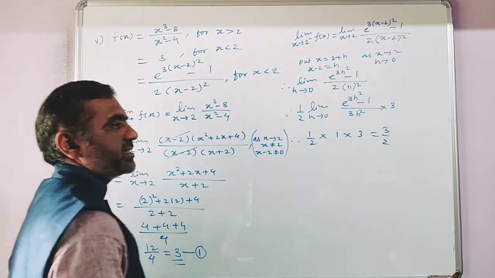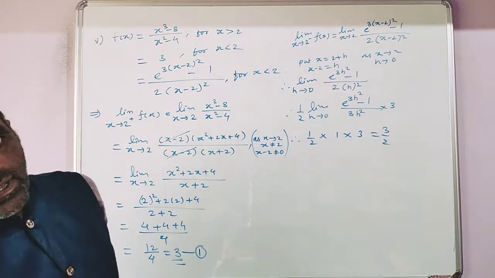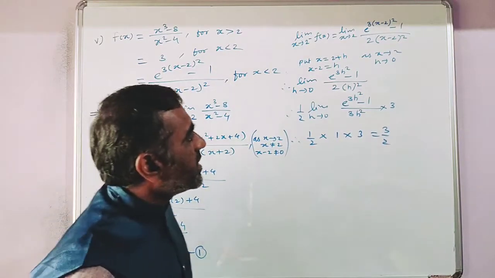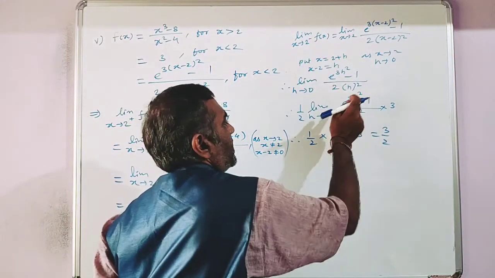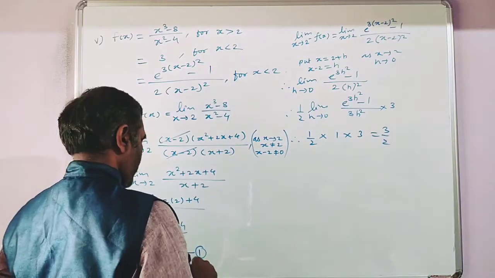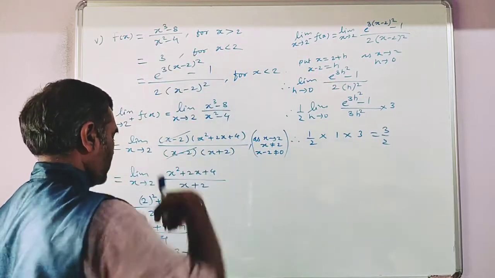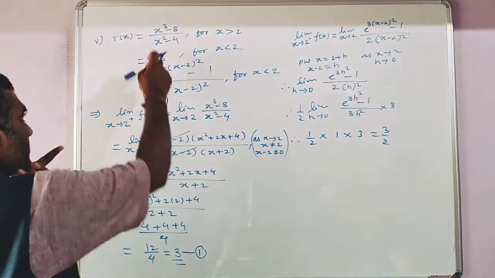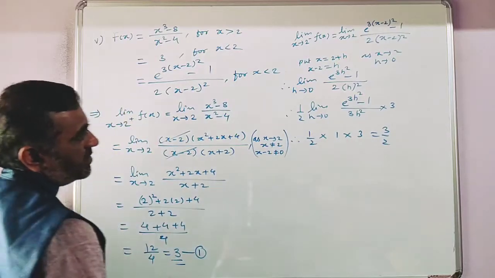For this we give the reason: limit as h tends to 0 of (e raised to h minus 1) upon h is equal to log e, that is equal to 1. Therefore this will come like this. Okay, this 3/2, and this is 3. See, both are not equal, this and this is not equal.